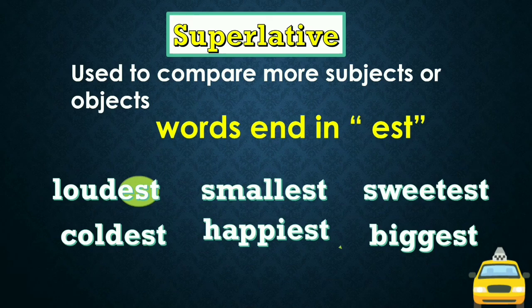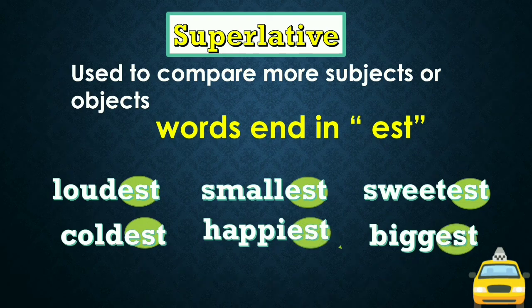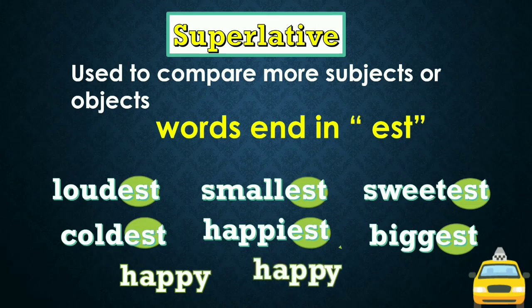Loudest ends with est, smallest ends with est, sweetest ends with est, coldest ends with est, happiest ends with est, and biggest ends with est. The word happy ends with y, so omit the y and change it into i, becoming happiest.